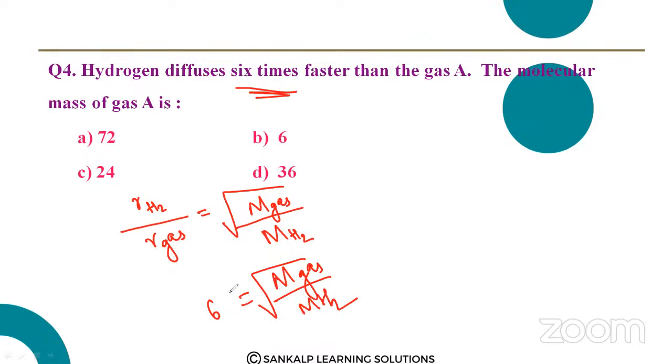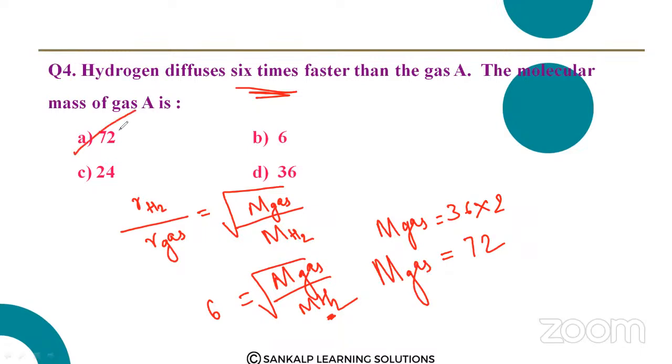Take this square root, shift it to this side. So square of 6 becomes 36. So M gas equals 36 into the molecular mass of hydrogen, which is 2. So 36 into 2, you will get 72. So the molecular mass of gas is 72. So the correct answer is A.